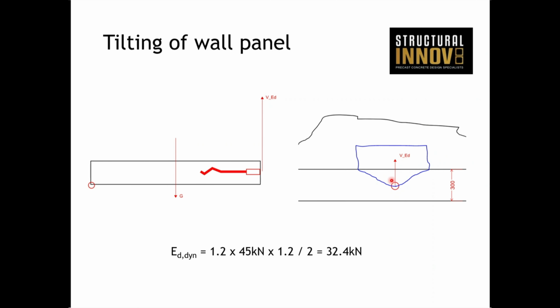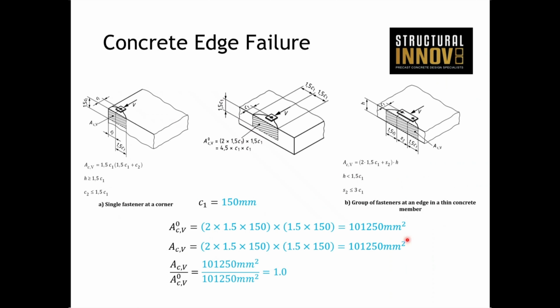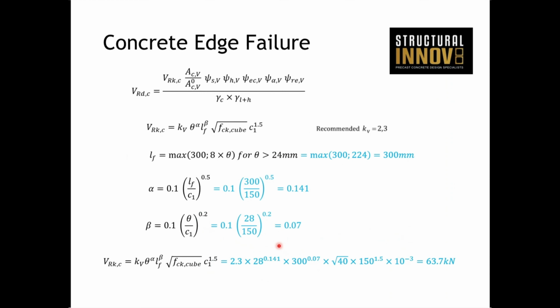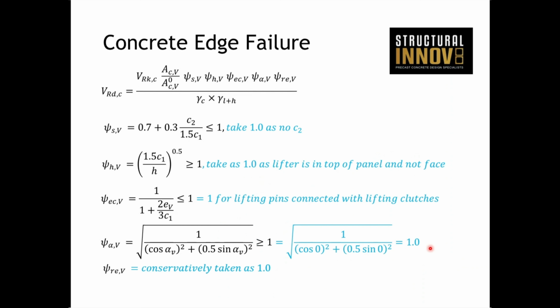We have those distances available, and therefore we don't actually have an area reduction factor. When we calculate all our numbers again, we get a characteristic capacity of 63.7, and all our other factors, calculated there, are coming in as 1.